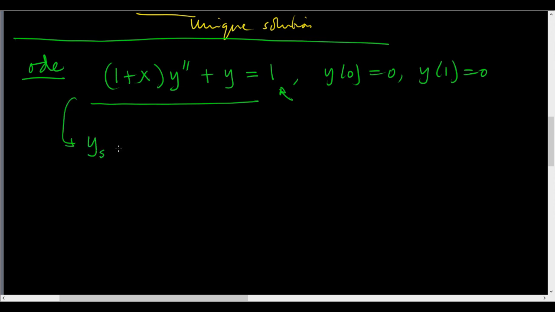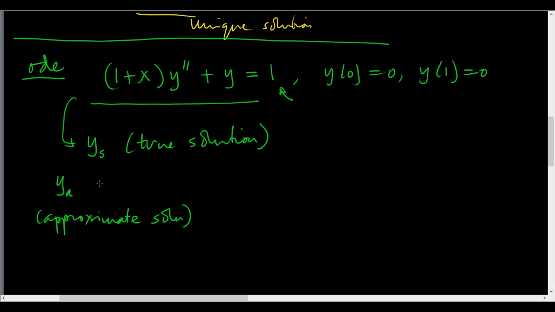y_S is the true solution. y_A is an approximate solution which we write as, I've used A here, but I hope you will not mind my using some coefficients.